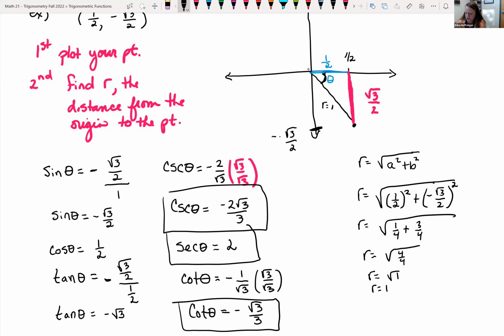So we have now our 6 trigonometric functions of the angle from that point in the terminal side.